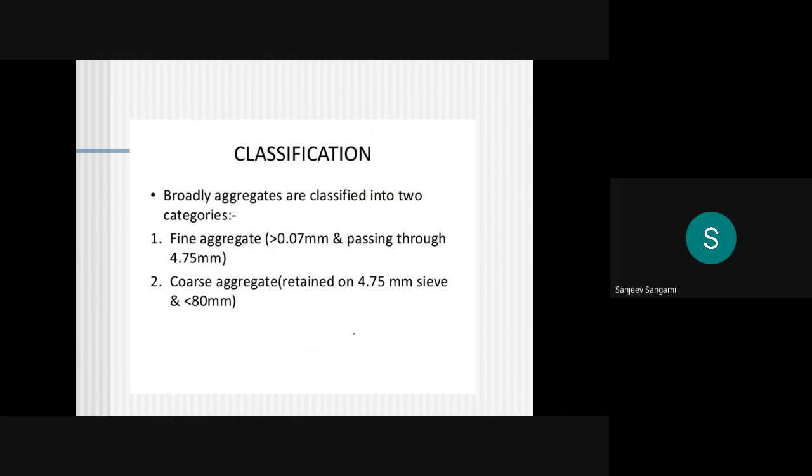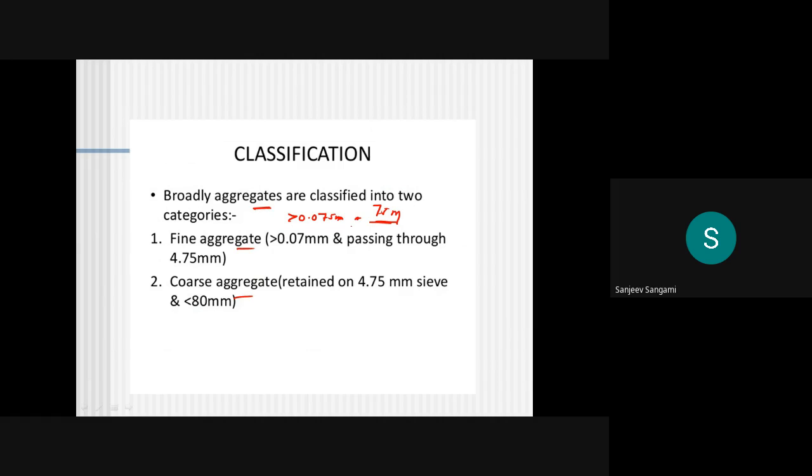Then, based on the classification, there are two broad categories: the fine aggregate and the coarse aggregate. The fine aggregate is greater than 0.075 mm or 75 micron.